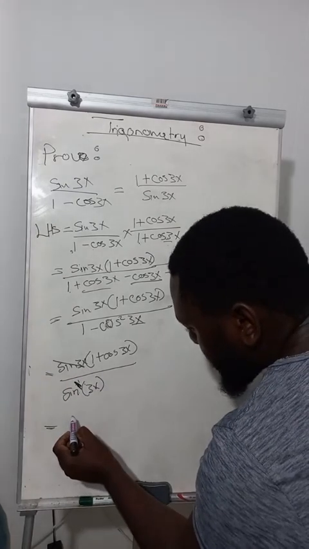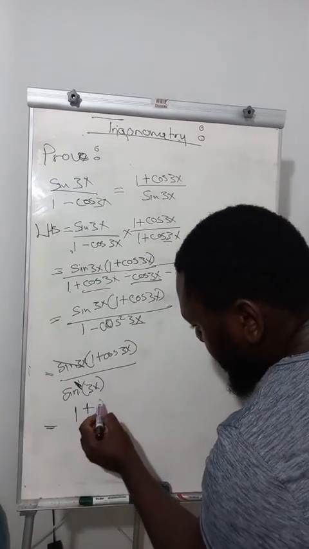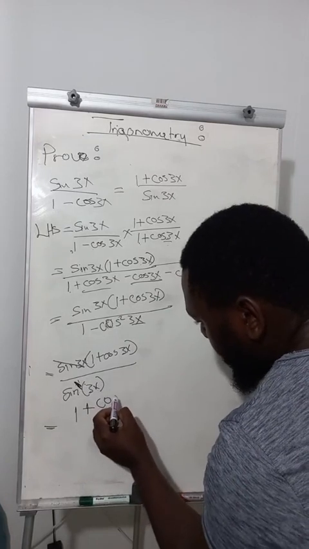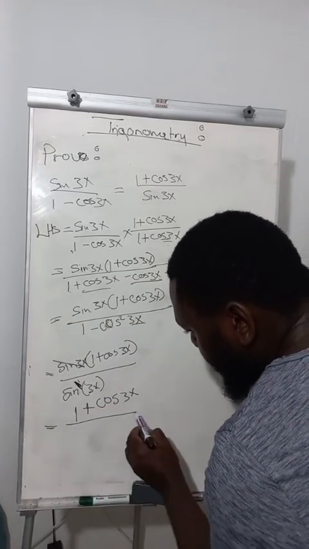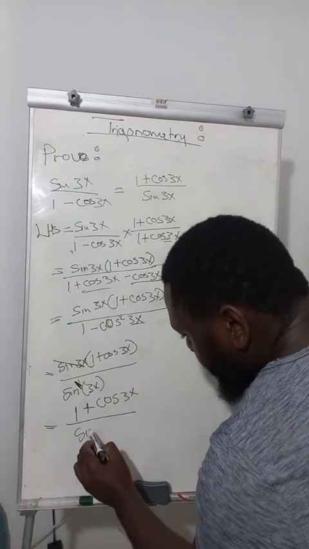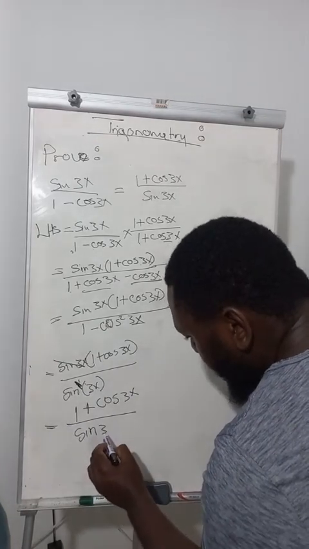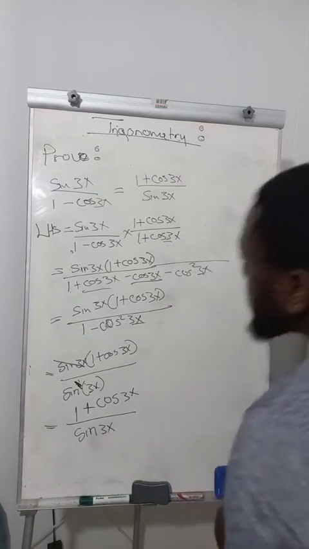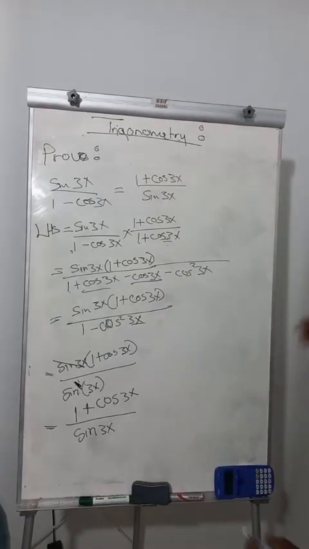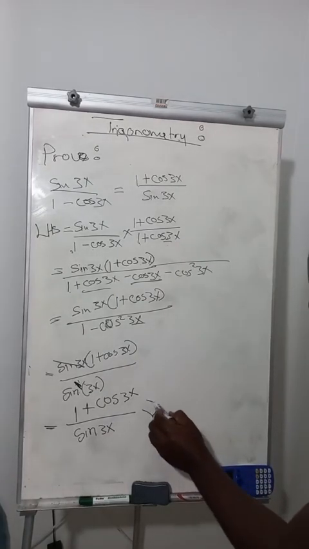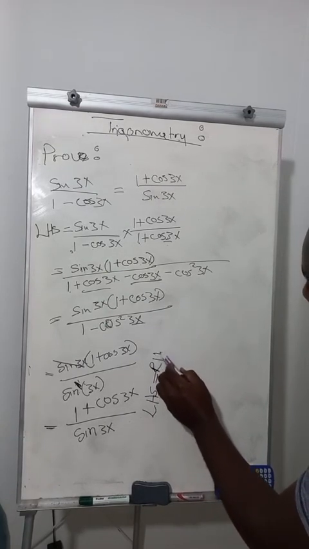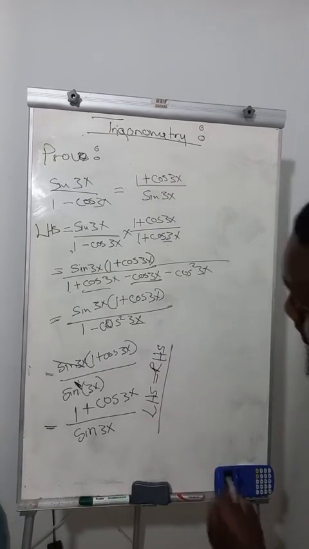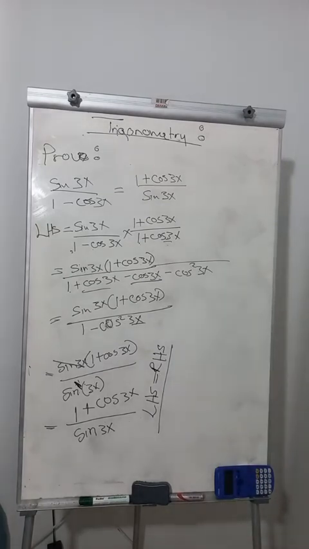Then your answer will just be 1 plus cos 3x, and then all divided by sine 3x. Do you see that it's the same as that one? Now you can say left hand side equals right hand side. So you can then say that.